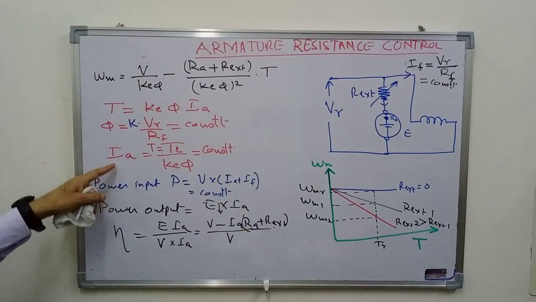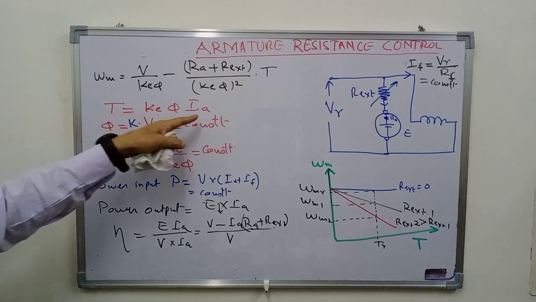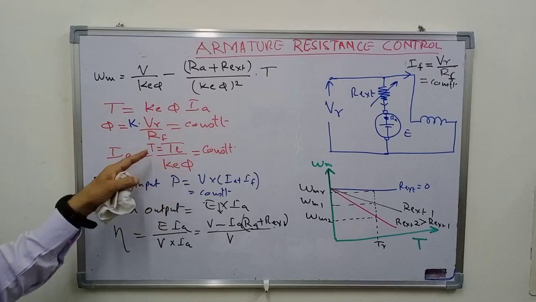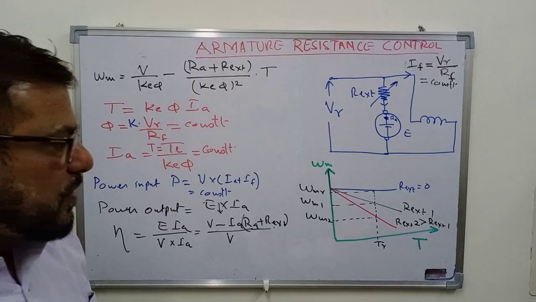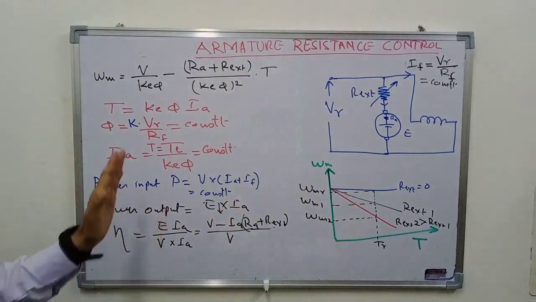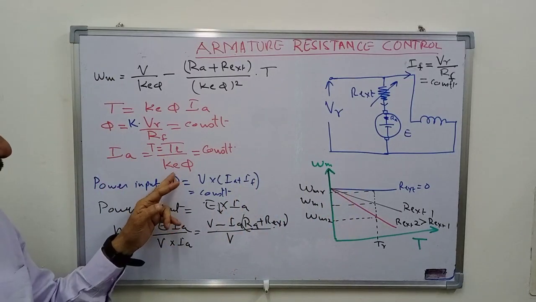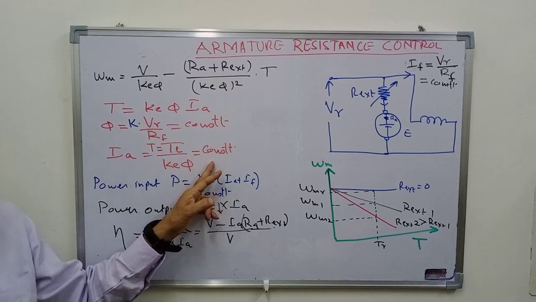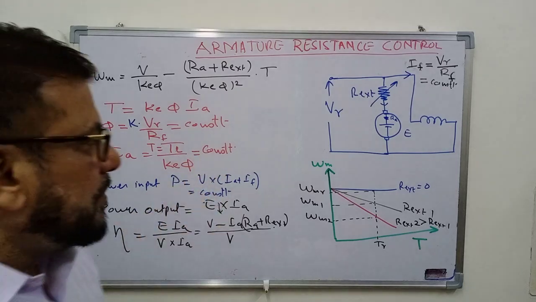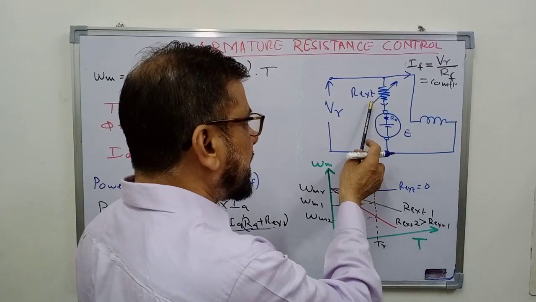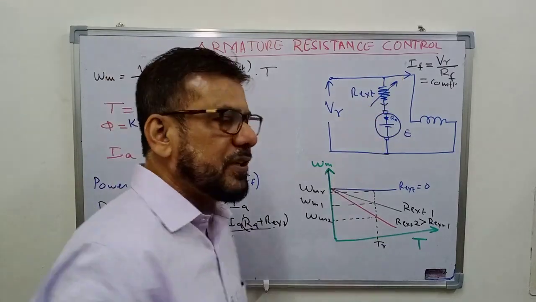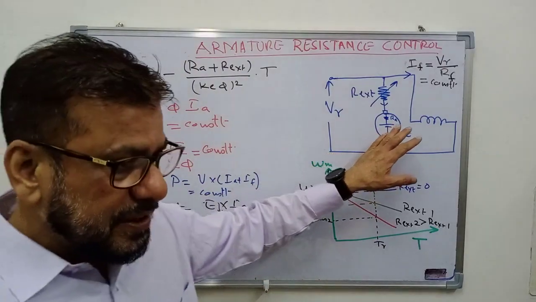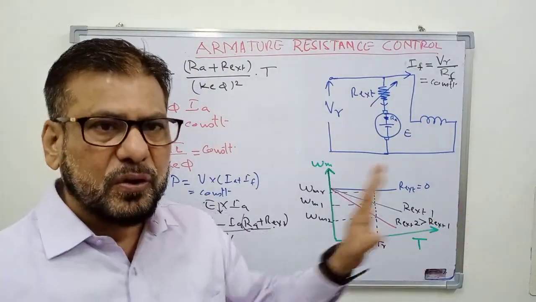So what about the torque? Current Ia here will be equal to torque divided by K phi. So suppose you are supplying a constant torque load, this means that the torque will remain constant. So the current drawn by the armature will also be constant. It is very surprising, but it is true that even though you are increasing the resistance, the current remains constant if the torque connected to the motor is a constant torque load.